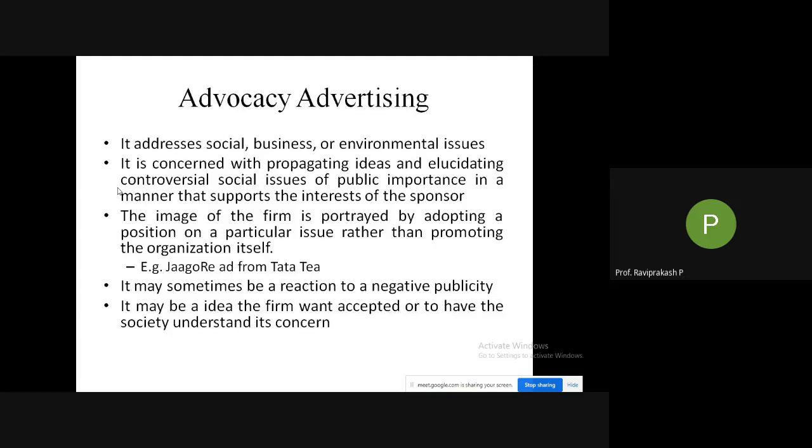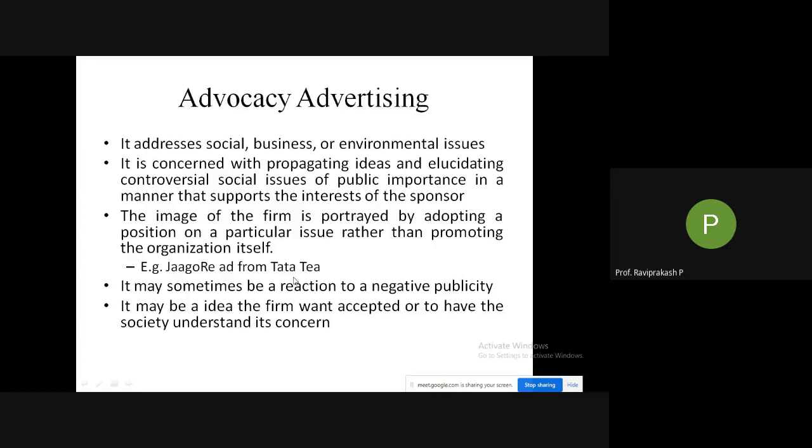This is a slogan saying that as a customer, you have some rights, so you can go to the consumer court and all. That is what they are saying. Then it may sometimes be a reaction to negative publicity also, so that you are bringing back your good image in the eyes of the customers. Then it may be an idea the firm wants accepted, or to have society understand its concern.